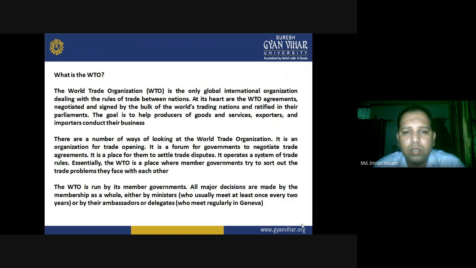So there are a number of ways of looking at the World Trade Organization. One side of the people can also say it is a monopoly of the great trading nations. Some say that it is an organization for trade opening, and a forum for governments to negotiate trade agreements.